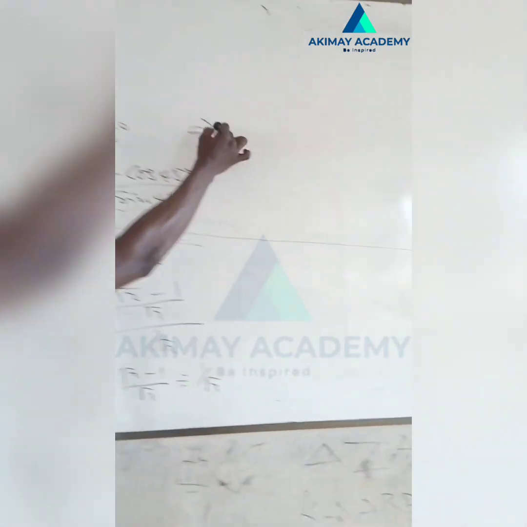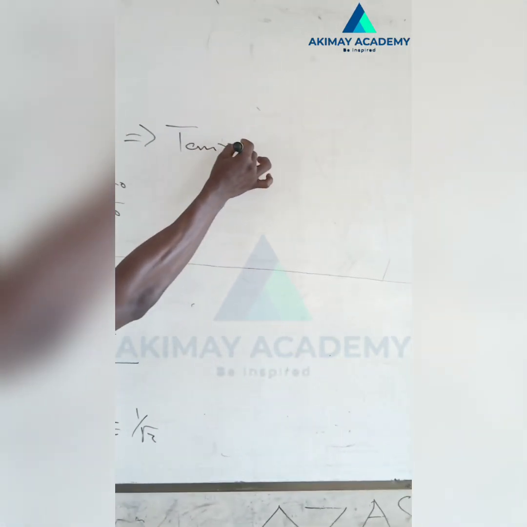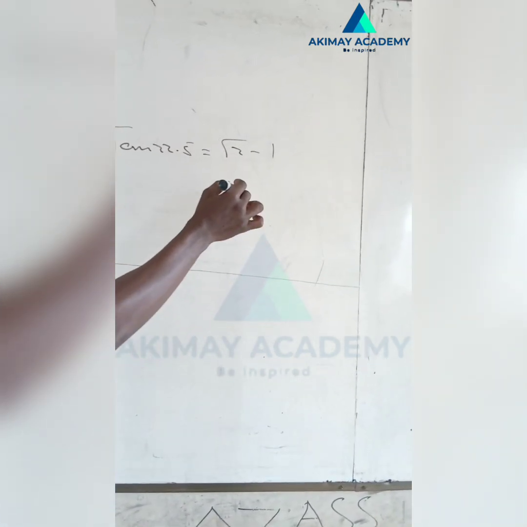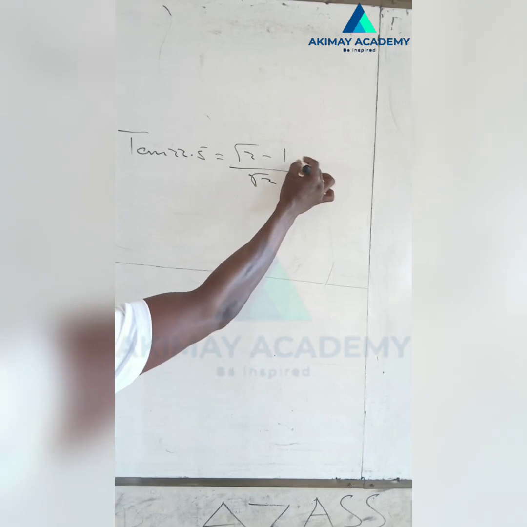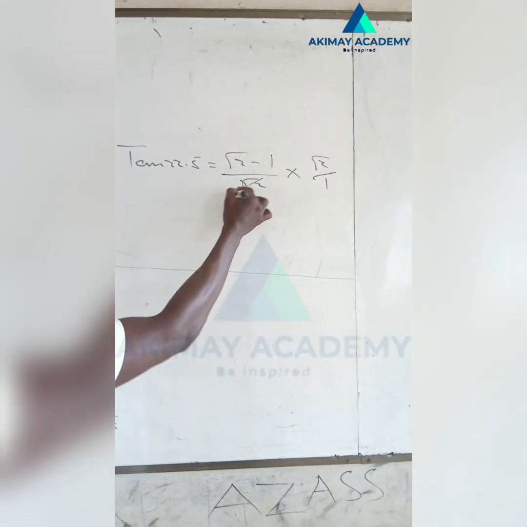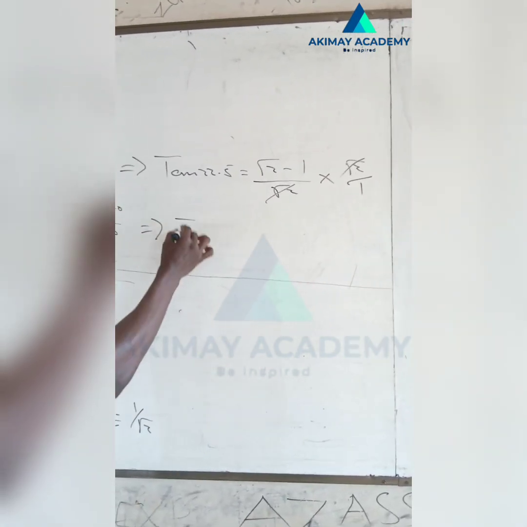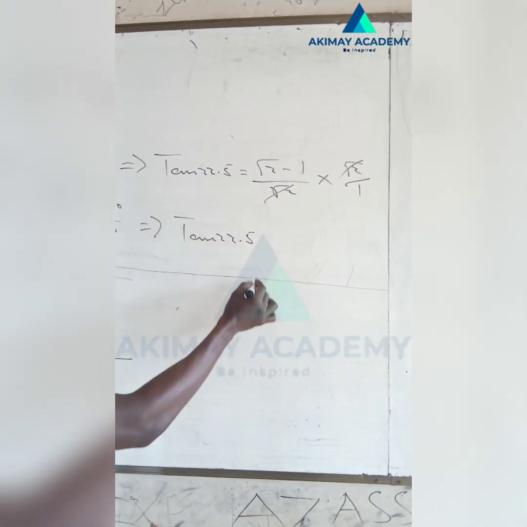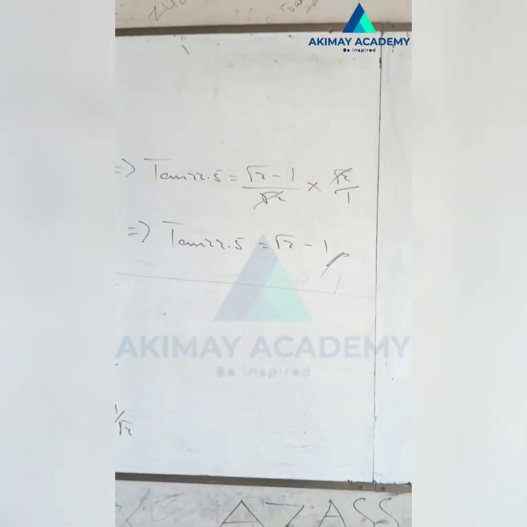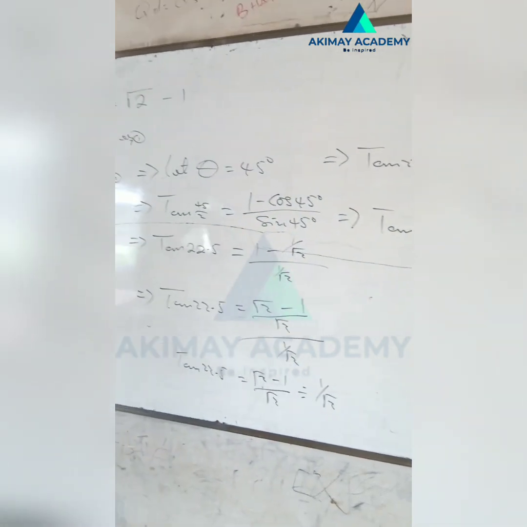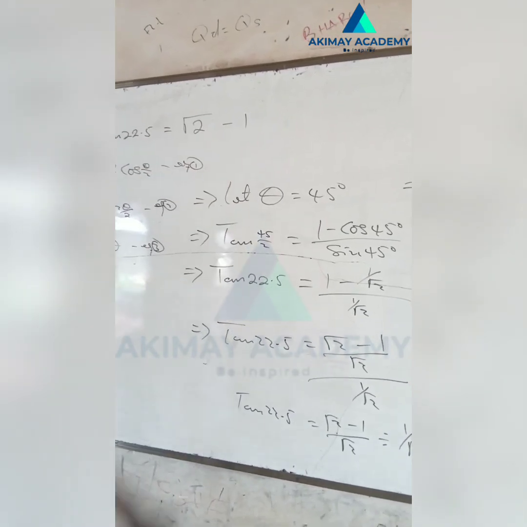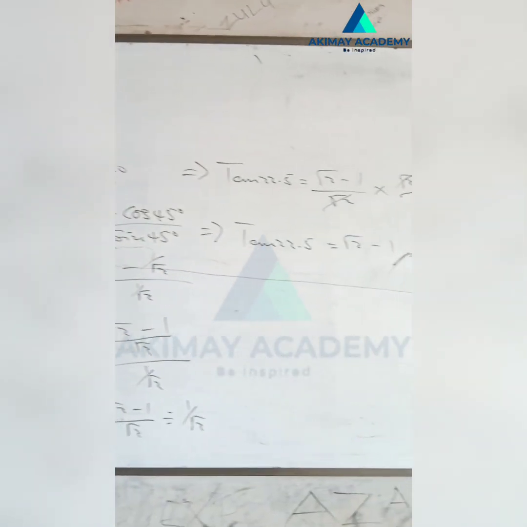So we are going to have root 2 minus 1 out of root 2 times root 2 on 1, right? Good. So this will cancel this one off, and therefore we are going to have tan 22.5 equals root 2 minus 1. And that's the reason why we are saying that tan 22.5 is equal to root 2 minus 1, and it has been clearly shown.